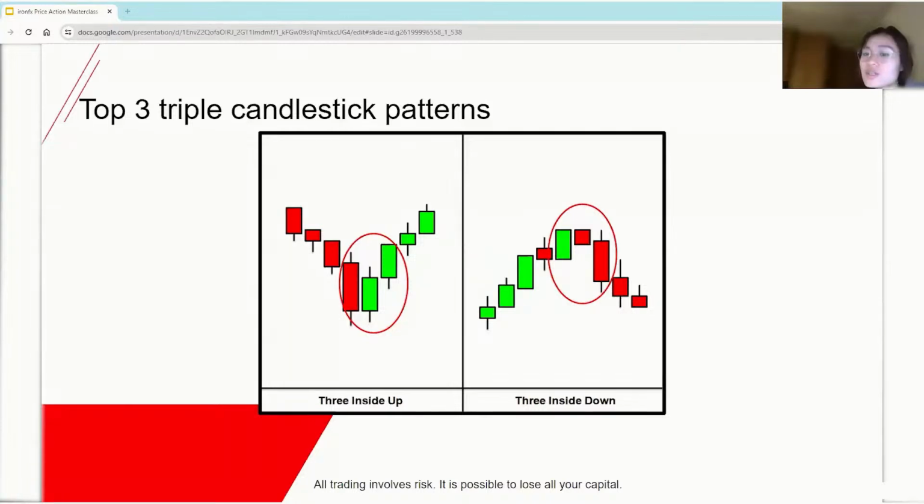Okay, so again, these are indicators of potential market reversals. That's why for our inside up, we can see a downtrend reversing into an uptrend. For our three inside down, we see an uptrend turning into a downtrend.